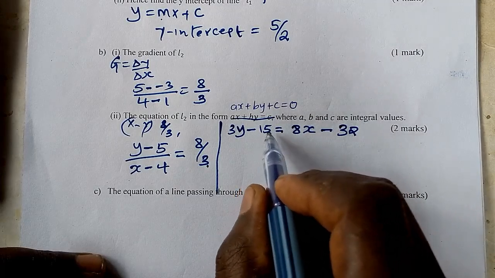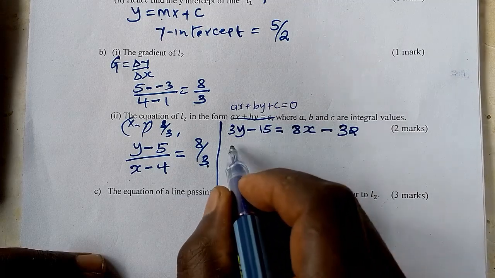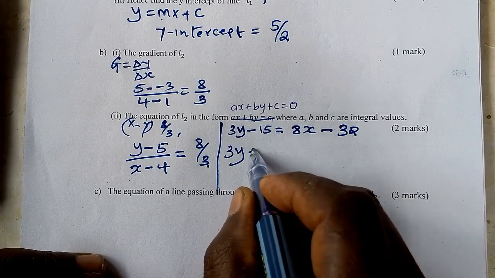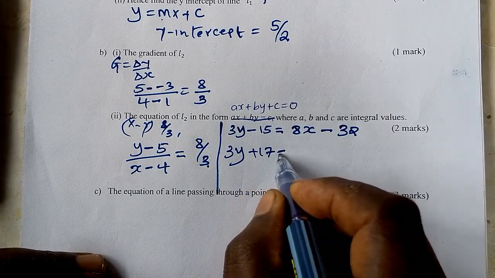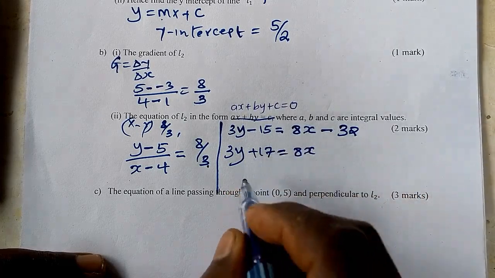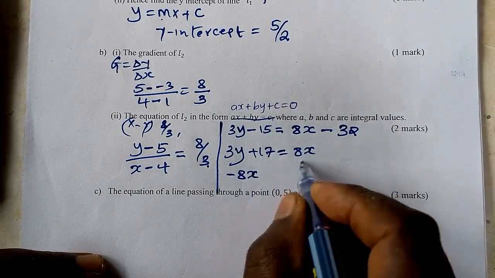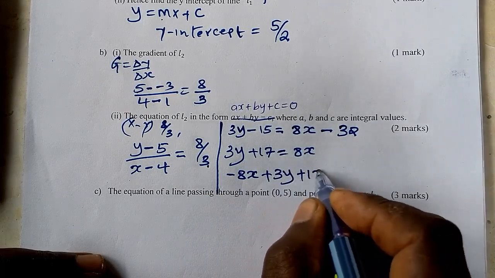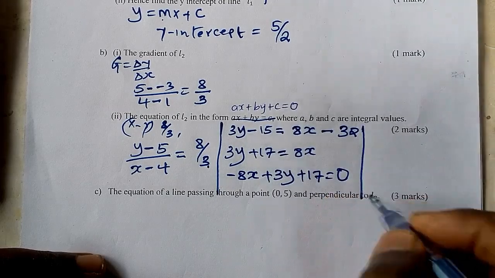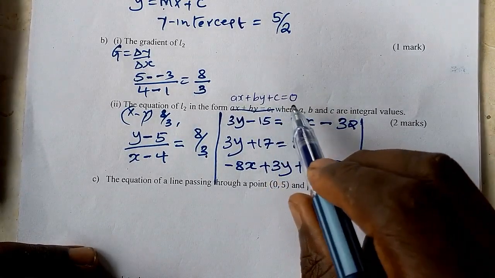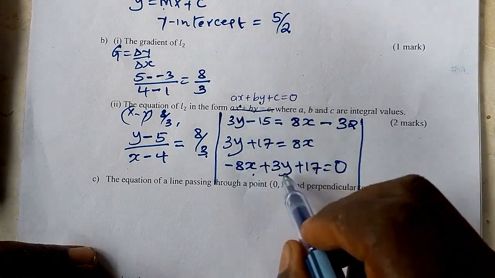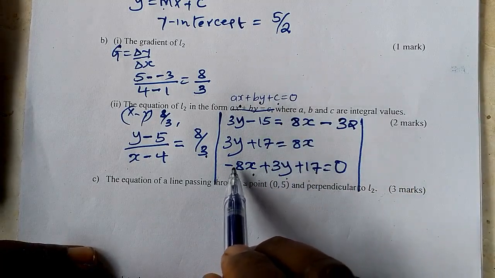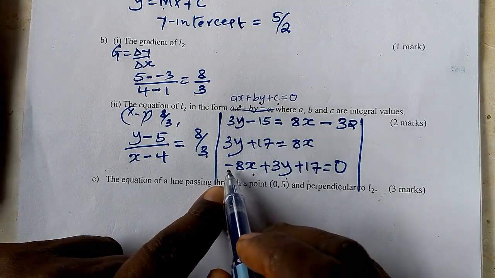So let us first bring this over here, it will be plus 32, so we will have plus 17 equal to 8x. Now I want to bring this side over, so we will have negative 8x plus 3y plus 17 equal to 0. So we have written this equation in the form we were told: x starts, y follows, the constant follows, then 0 finishes. If you don't want to leave it negative, it is as good as introducing a negative throughout.